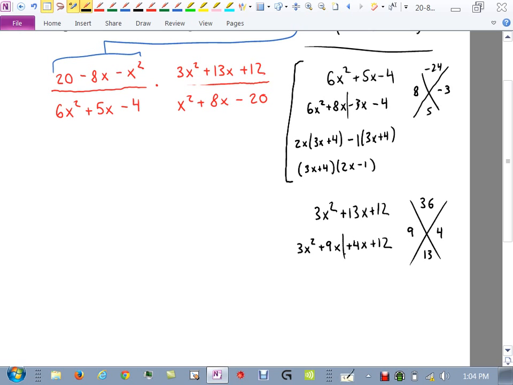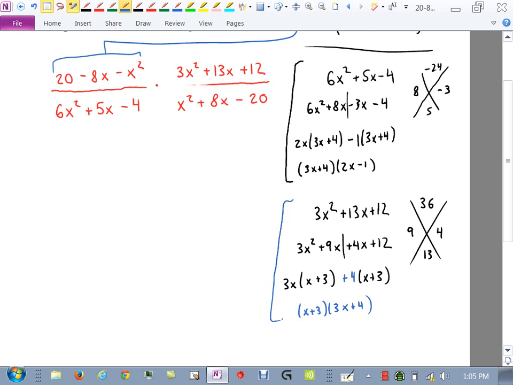Split it. 3x is the GCF out of the first two, left with x plus 3. I need x plus 3 over here also, so that means I need to put a plus 4 out there. That gives me x plus 3 times 3x plus 4. So that's the top right one.